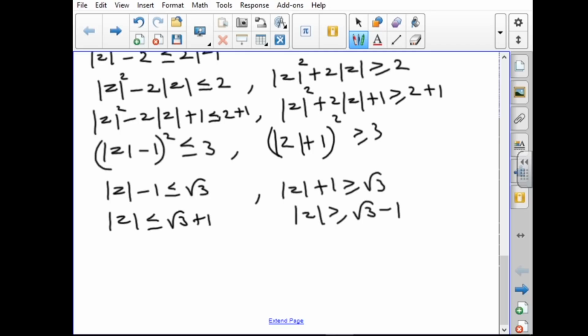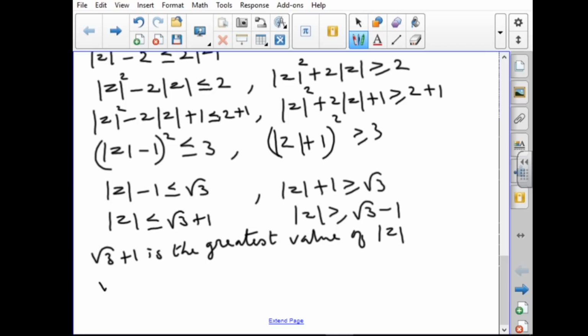So from this we conclude that root 3 plus 1 is the greatest value of modulus of z, and root 3 minus 1 is the least value of modulus of z.